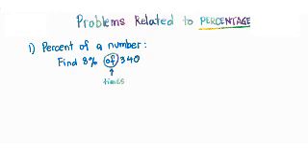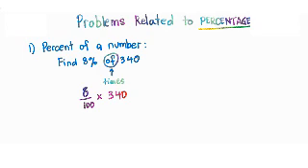So this means that 8%, which is 8 out of 100, times 340. So 8 over 100 times 340. We can multiply 8 and 340, then divide by 100, or we can also divide 8 by 100 first, then times 340.